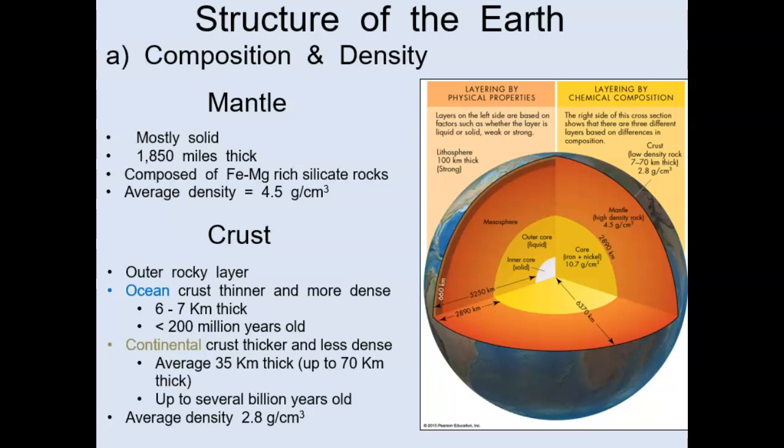So the continental crust again is thicker and less dense than the oceanic crust, and it contains mostly sodium, calcium, potassium, or aluminum elements, which will also bond with the silicon and the oxygen, as opposed to the oceanic crust, which had mostly iron and magnesium bonding with the silicon and oxygen.